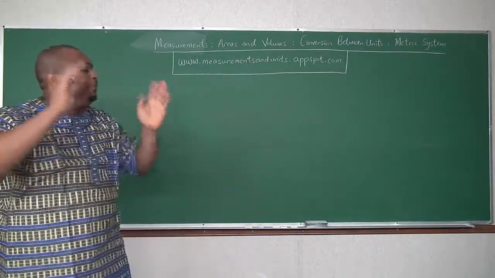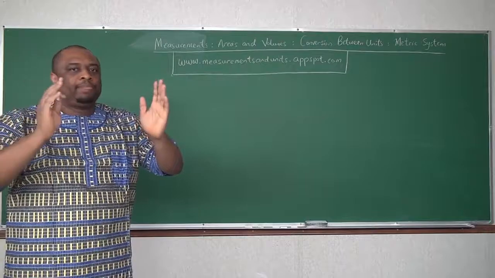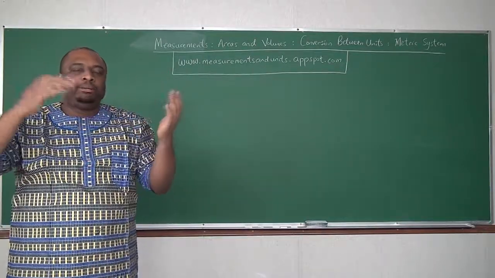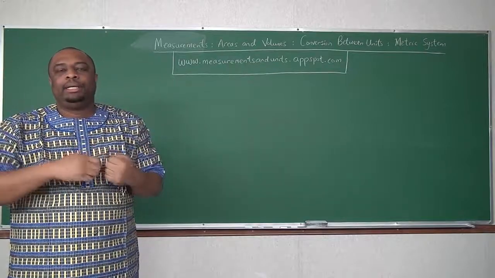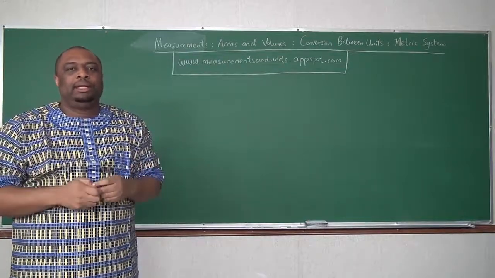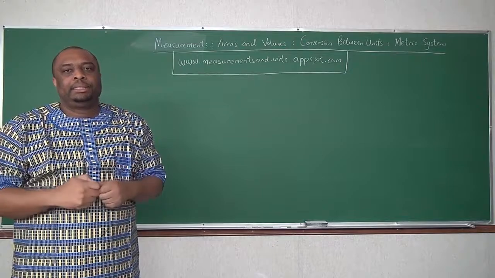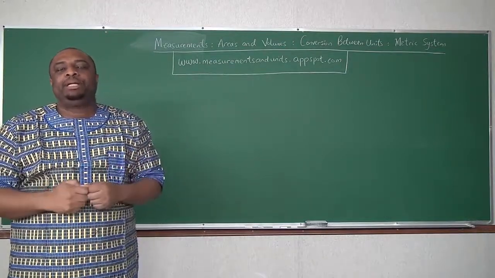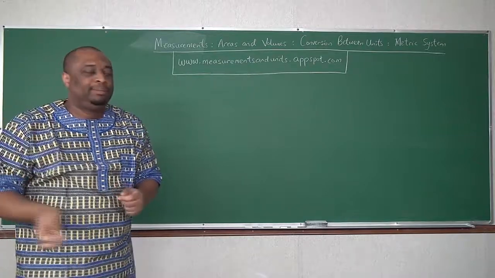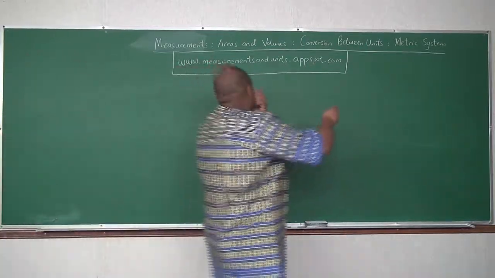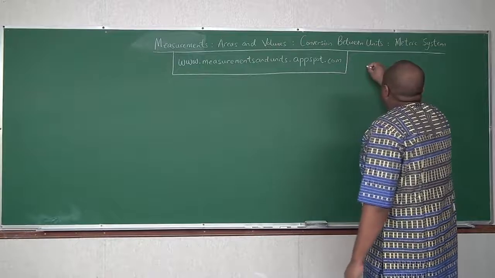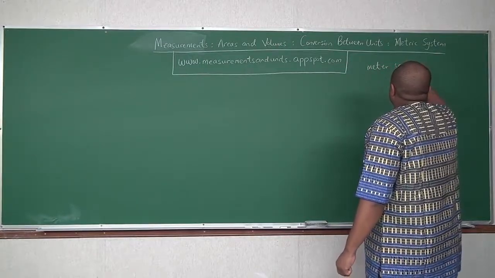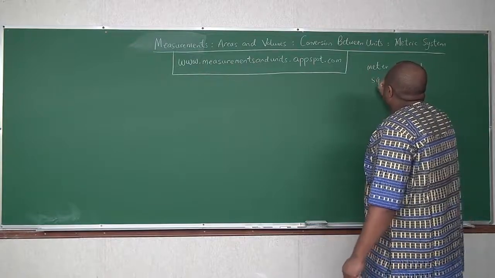So we've known the basics for the metric system. We know that area is squared. Is it meter squared, or you can say square meters, or is it centimeter squared, or you can say square centimeters? Some textbooks will write meter squared, some textbooks will write square meters.